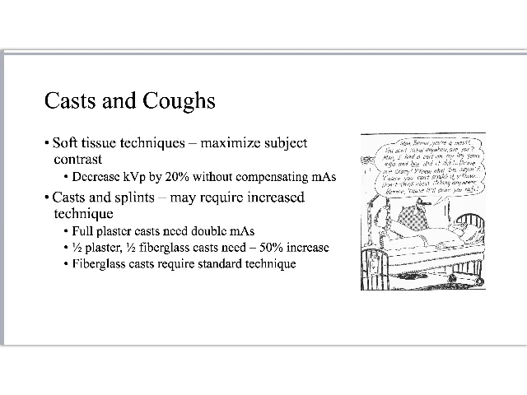Okay, here's the last point of discussion, casts and coughs. Anytime we are dealing with a foreign body survey, or we're trying to find something tiny that the patient has swallowed, or we're evaluating soft tissue structures, generally just in the neck, we're going to need to increase subject contrast.